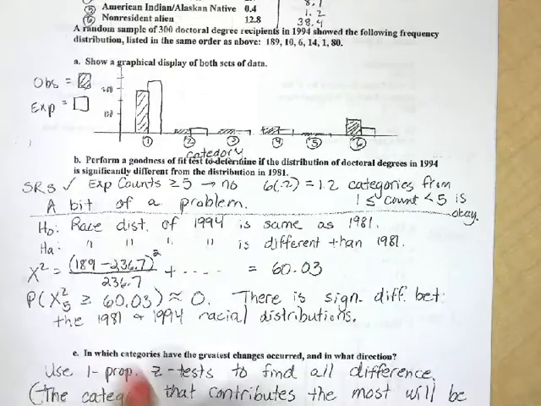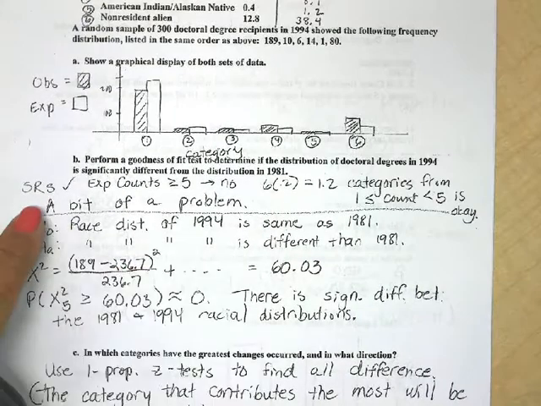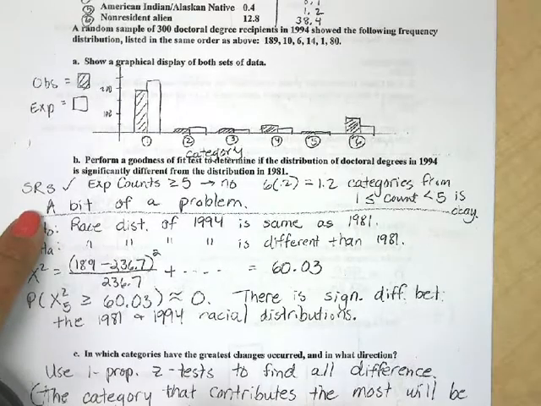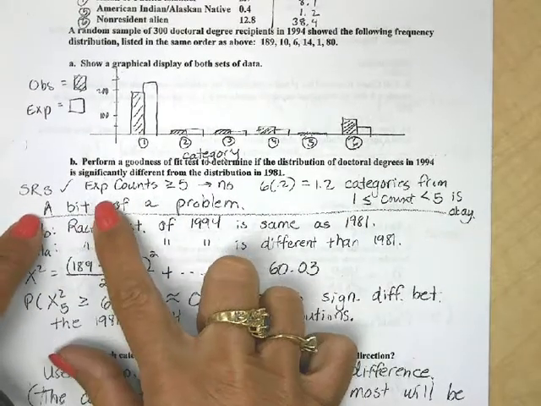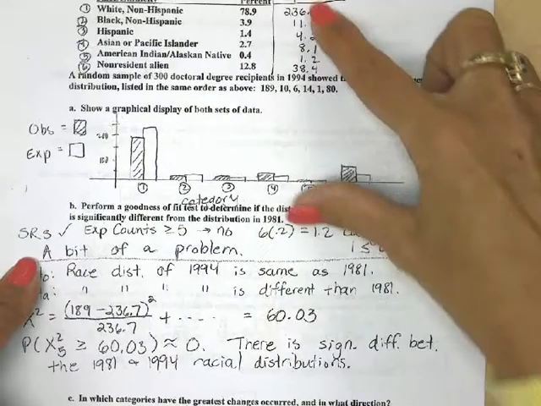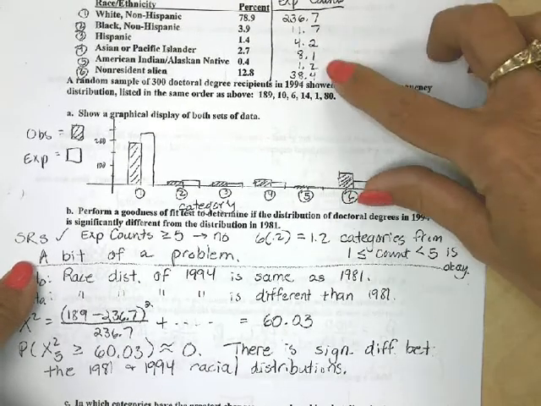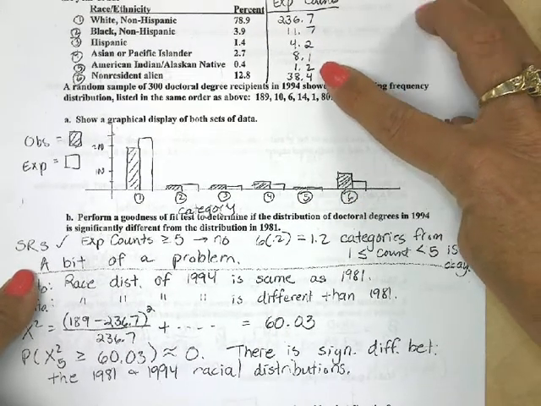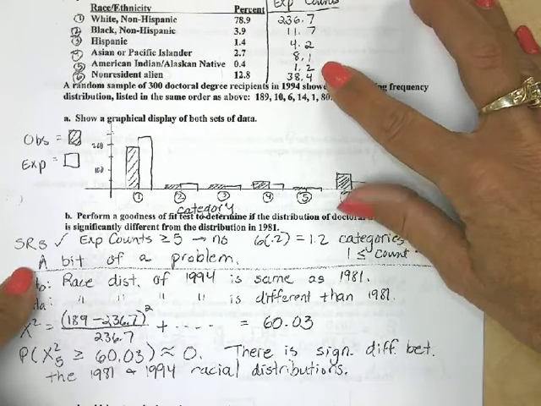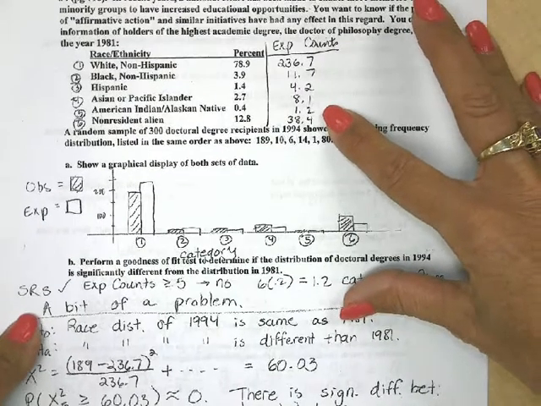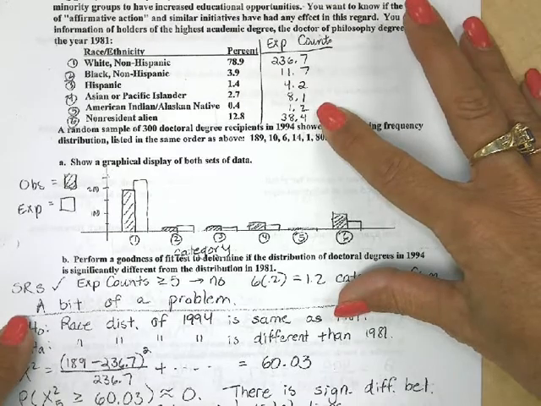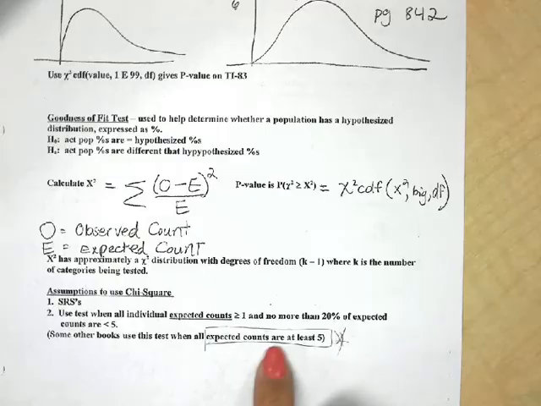Okay, so we have simple random samples, and we have each of the expected counts. We don't have them all at least 5. So we do have 2 categories here that are actually less than 5. I had more than just expected counts at least 5 on the front.